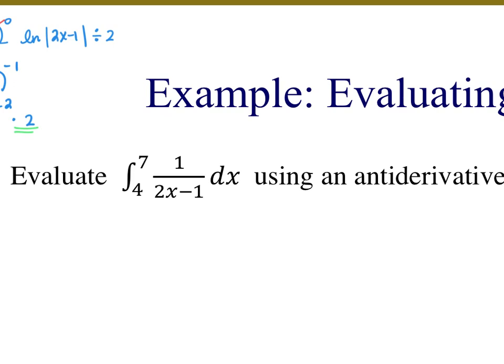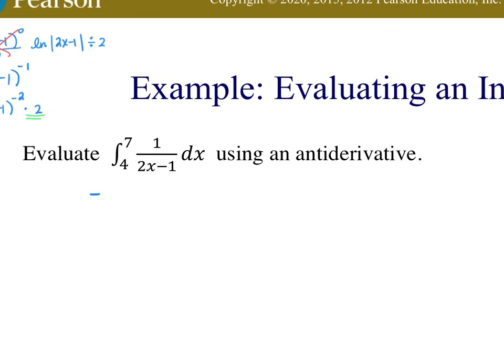All right, so my antiderivative equals bracket natural log absolute value 2x minus 1 divided by 2 plus the constant c, going from 4 to 7.